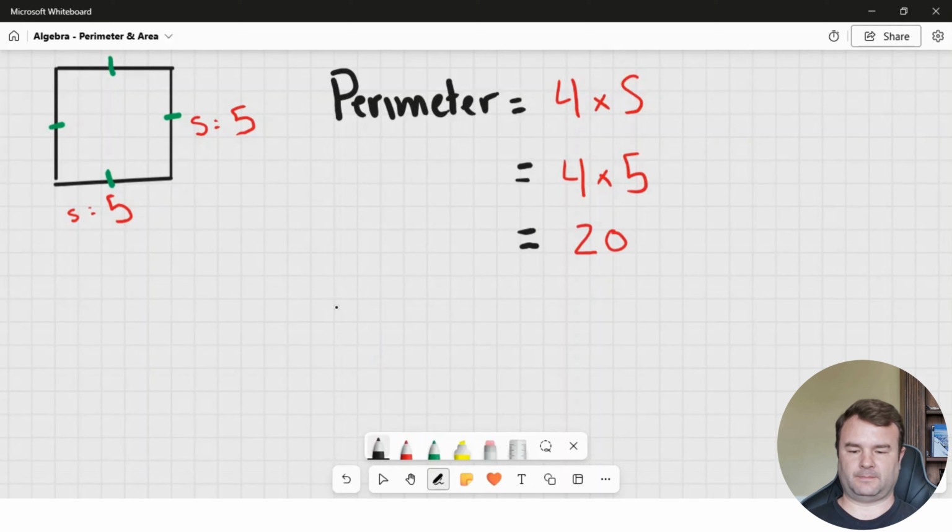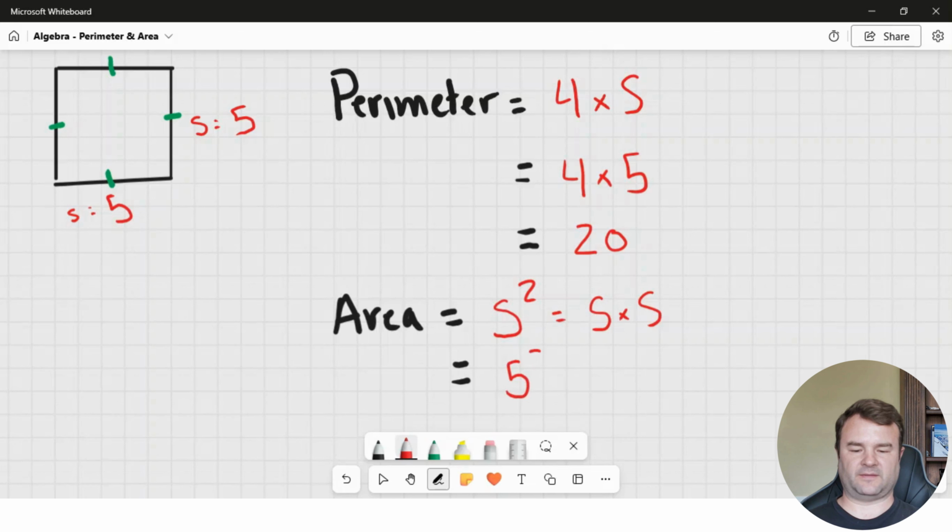Now we'll do area. So area is algebraically defined as the length of a side squared, or the length of a side times the length of a side. And here, the length of a side is 5. So we have 5 squared, which equals 25.